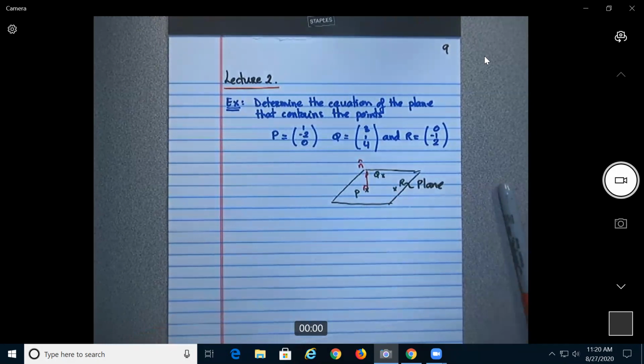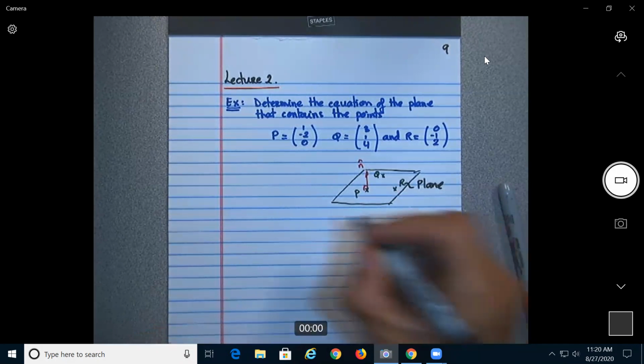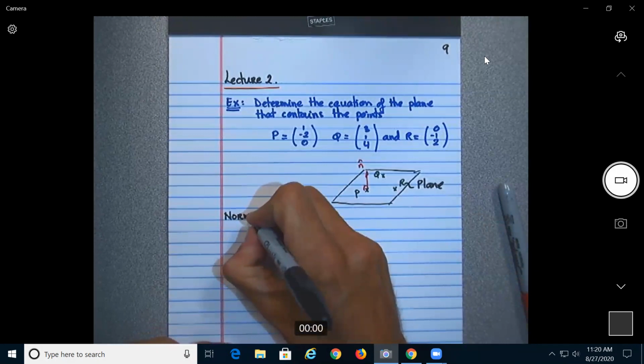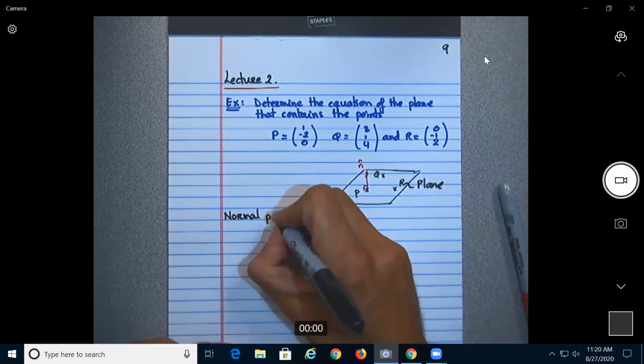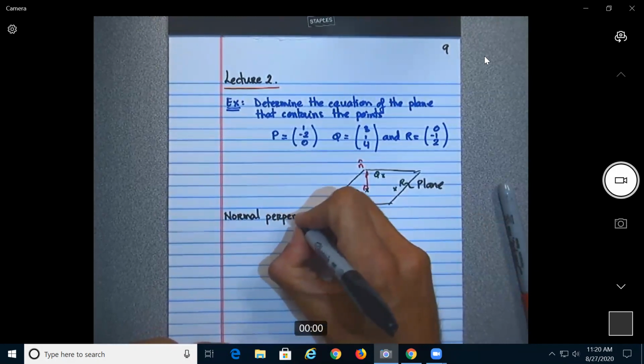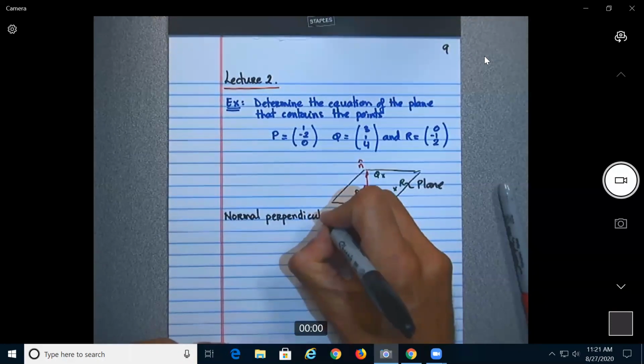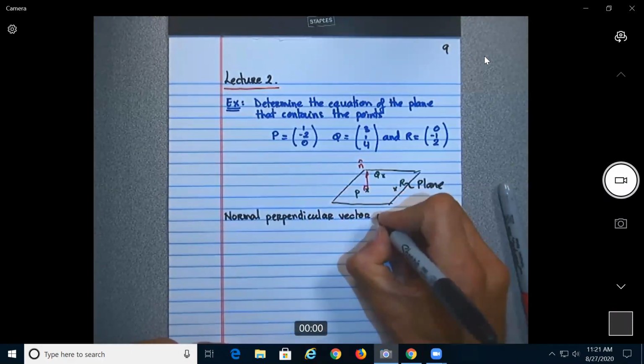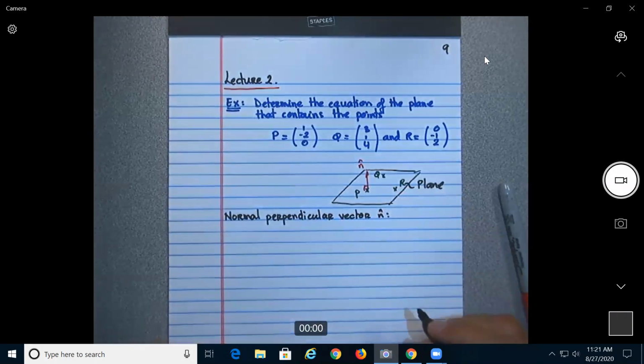So let us find n, the normal perpendicular vector, and we can find it by doing what?